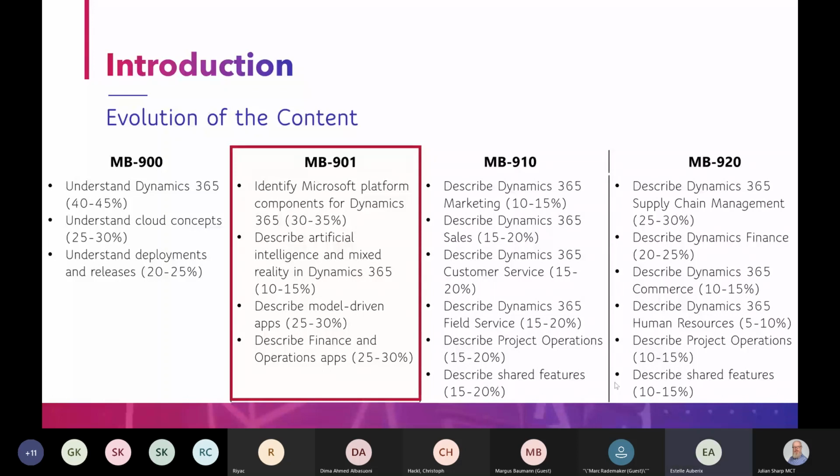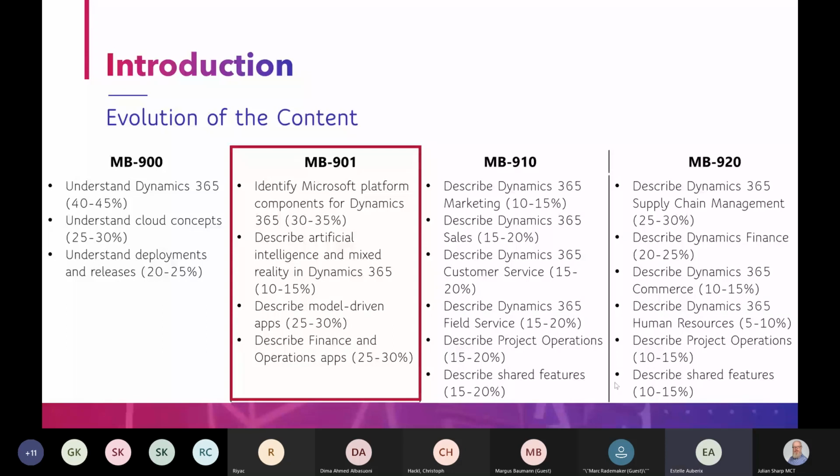And at the end, it's required to be able to describe the finance and operation apps of Dynamics 365, because I don't know if you already work with Dynamics 365, but there are a lot of modules. You can see that in Dynamics 365 you have an independent portal only for finance and operation apps. So that's why it's a whole chapter in the exam.